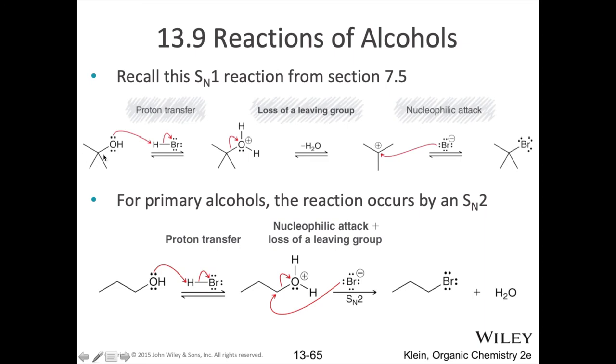Okay, in the case of an SN2 mechanism, though, again you have to make sure that the alcohol, it's not a good leaving group on its own, so it always helps to protonate it before you have your nucleophile come in and kick off that leaving group.